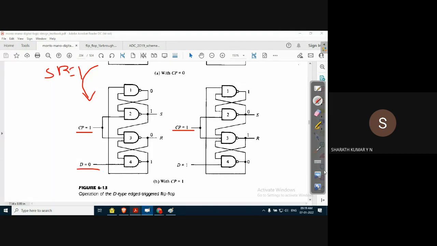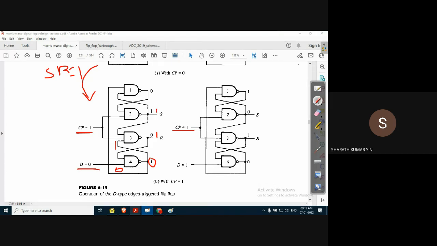Let us see how it changes now as the clock pulse changes. Initially, S and R are both 1 1, the initial condition. Now D is 0. This input is 0, which will force this input to be 1. This is 1, and this is also 1.